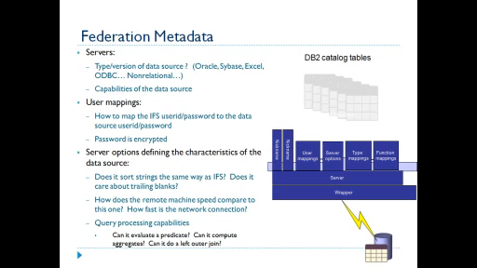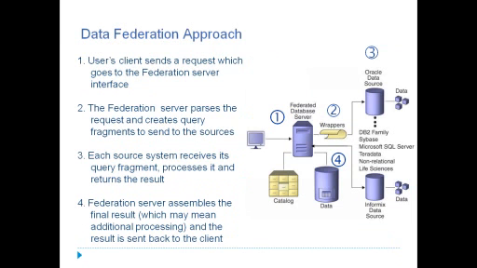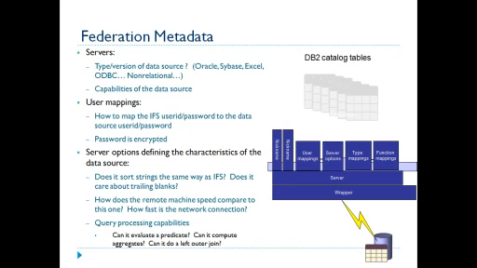So the metadata, which enables us to manage this system: there are a series of entries that are made into DB2 catalog tables, which reside on the Federation server in number 1, the federated database server box that we see there. There we identify the back-end servers, things like the IP address or host name, the port number, how I get access to the database, even down to the version level.